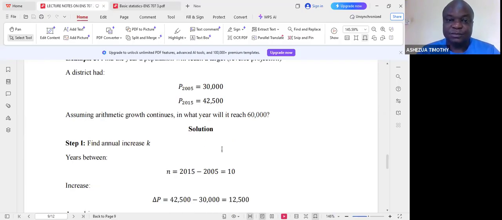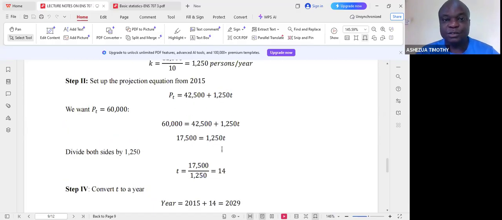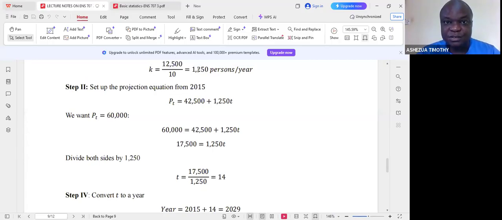Now, when you substitute, your P subscript T will be 60,000. The base population is 42,500, plus this K, which we computed to be 1,250 persons per year.